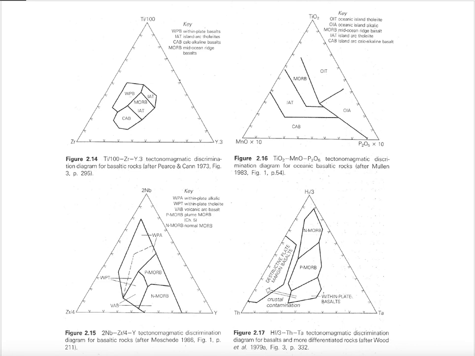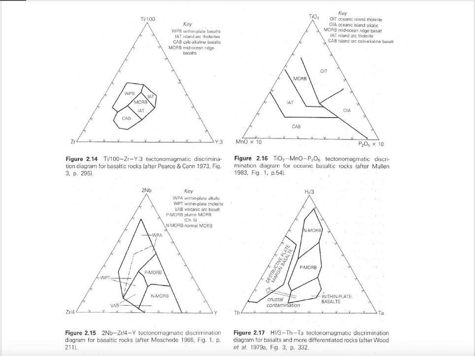At the top we have the titanium concentration divided by 100. Then at the left corner we have zirconium, and at the right corner we have yttrium multiplied by 3.